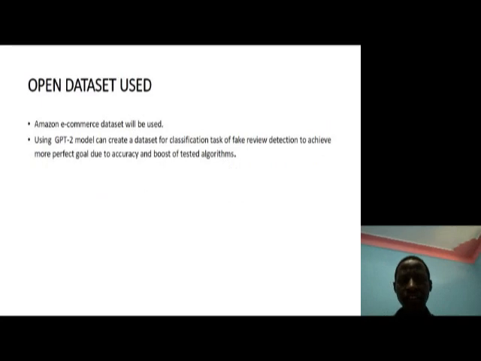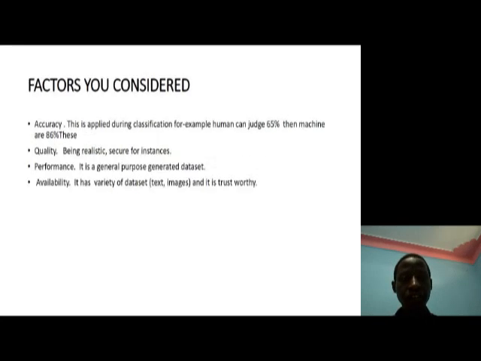Next, we shall see the data set used. I'm giving an example of an Amazon e-commerce data set. And under that, I'll be using a model called GPT-2 that can generate a data set for the classification task of fake review detection, to achieve a more perfect goal due to its accuracy and boost of tested algorithms, which are already tested, and at least they can help do perfect work.